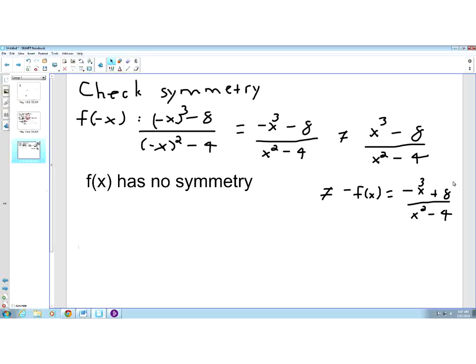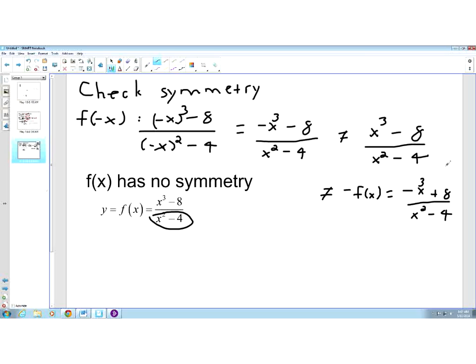All right, so let me copy the function again for reference. So here's our rational function, and now the hunt for vertical asymptotes would occur by setting the denominator equal to 0 after the cancellation, right?